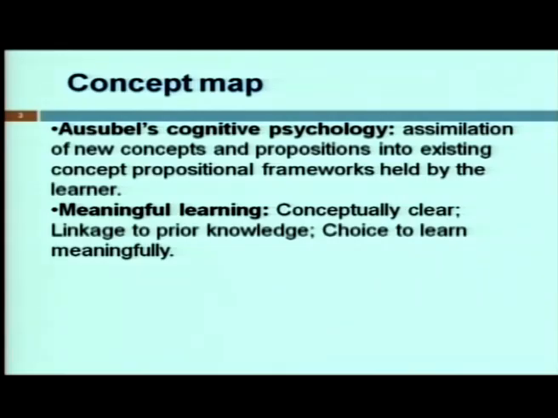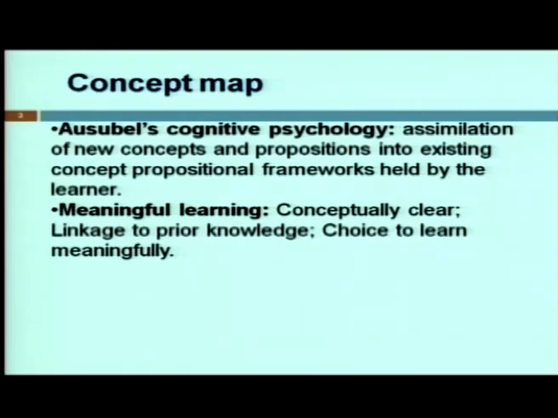And as a child grows, by growth and teaching learning in schools, colleges, university, family, and elsewhere, with peers also, the existing concept propositional framework that the individual student has would be enhanced by assimilation of new concepts and propositions.